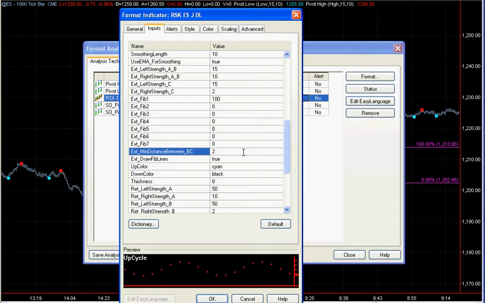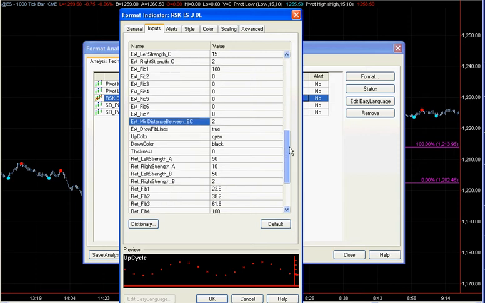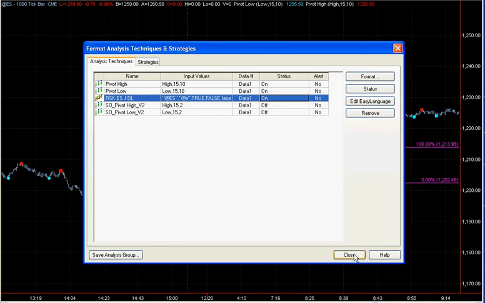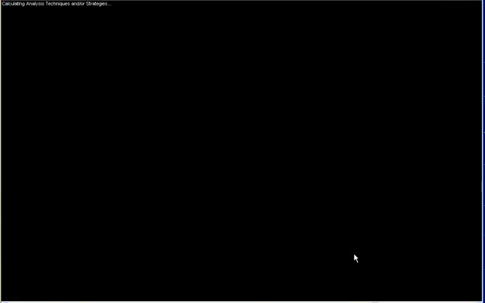In this case, 2 means 2 points or 8 ticks. The same would apply to retracements, shown here. So that's another variable built into the automated Fibonacci retracements and extensions.